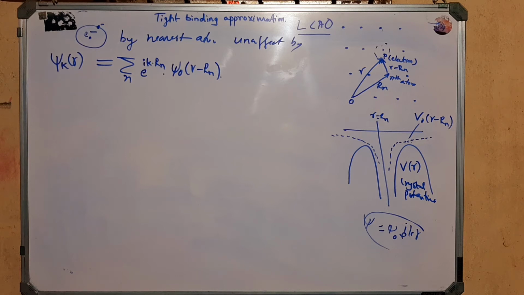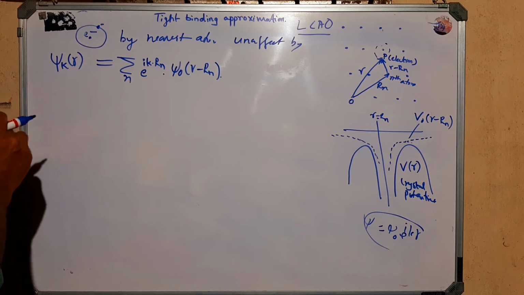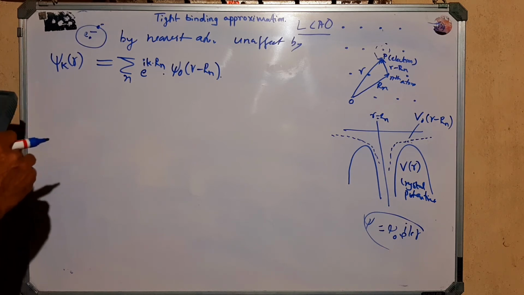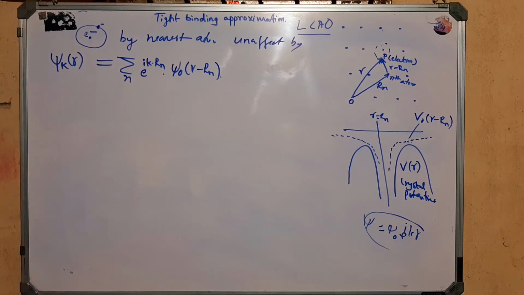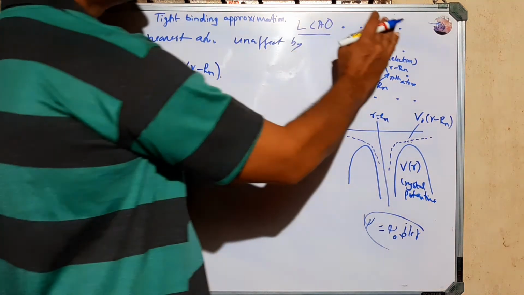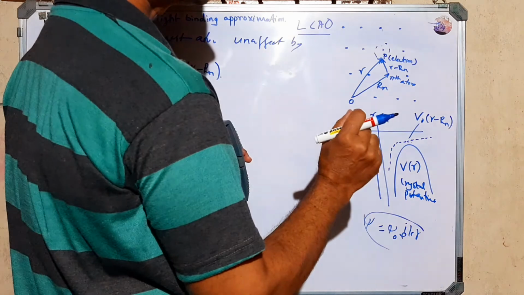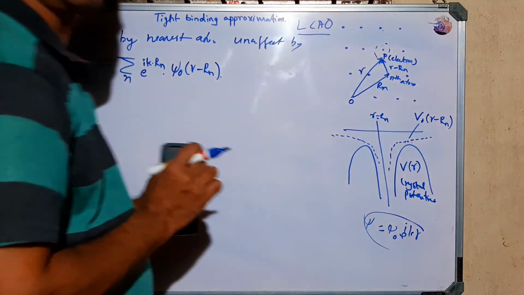So now what we have to do? Next thing is we have to check whether xi k of R satisfies the Bloch function or not, because electrons are moving in the periodic potential.